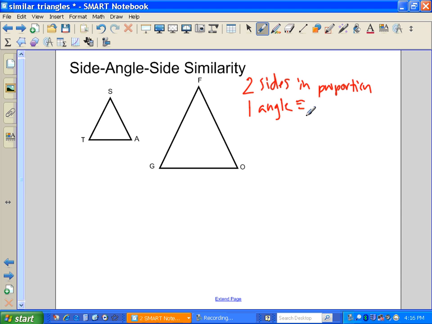This is two sides in proportion from one triangle to the next, and one angle in one triangle congruent to one angle in another triangle. This equal sign with the squiggle on top, that means congruent.